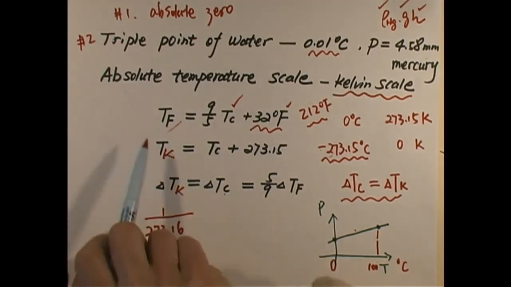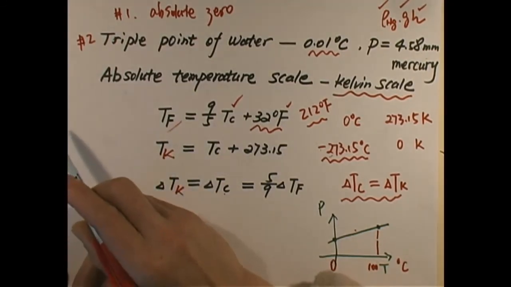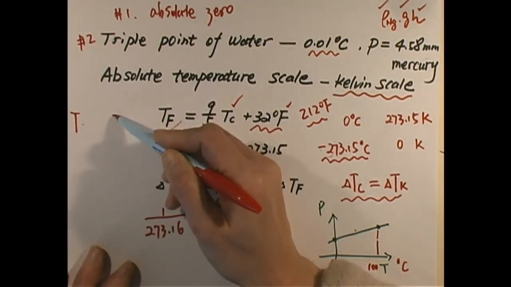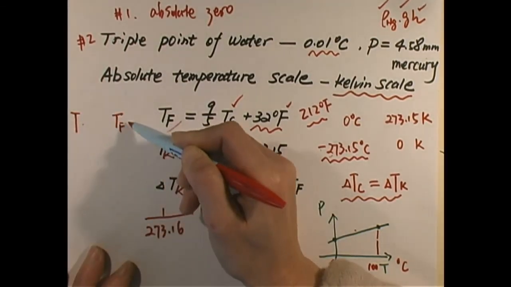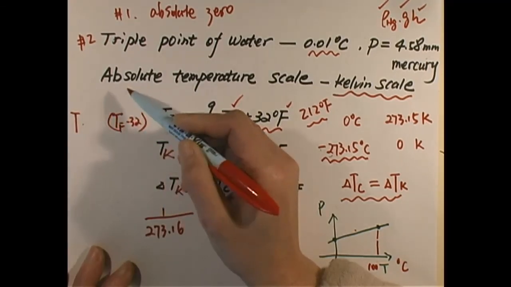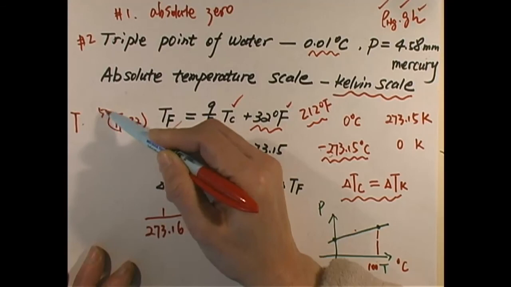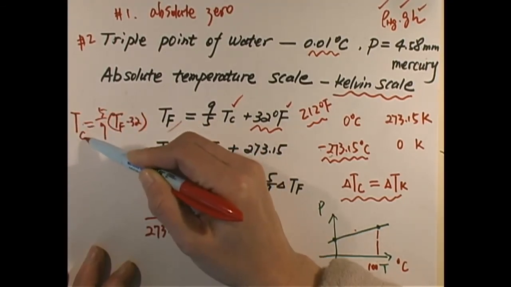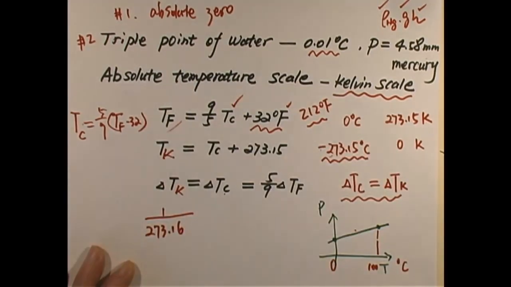Both sides of the equation are multiplied by 5 divided by 9. So if you have the temperature in Fahrenheit, you subtract 32 first, then we multiply by 5 and divide by 9, and that's how we convert to Celsius temperature.